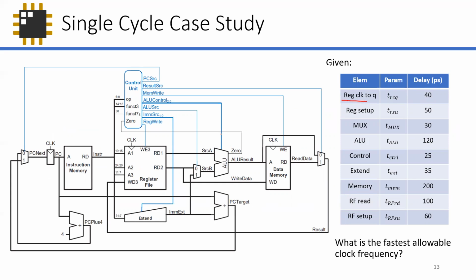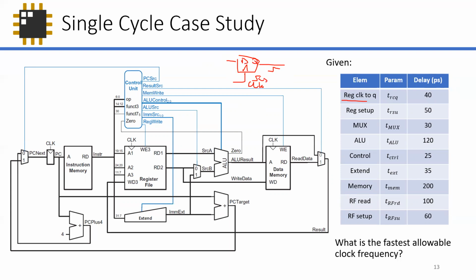For example, the register clock to Q. If you remember, the moment the clock edge kicks in, the register updates its output after the clock edge.